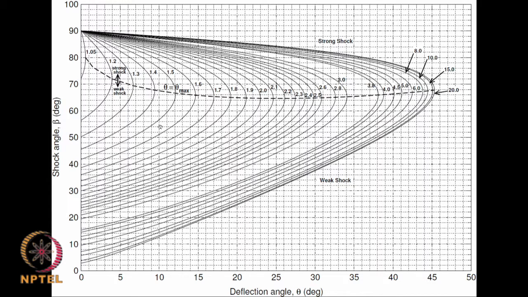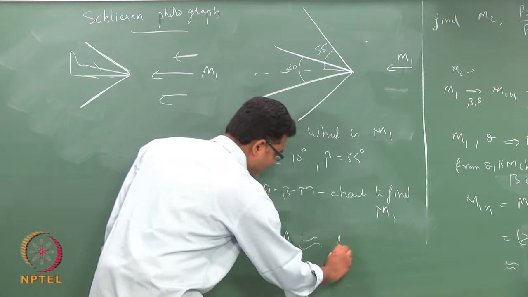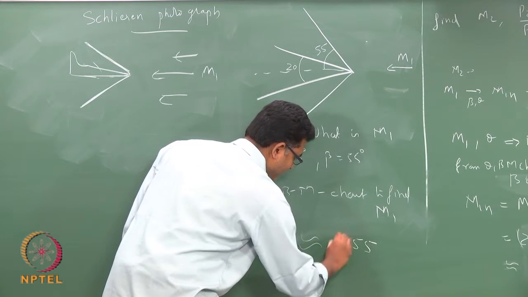So, it crosses somewhere here. So, this is the point where my deflection angle is 10 degrees and shock angle 55. So, this is around a Mach number of 1.51 or 52 or something. Okay. So, approximately from the chart M1 is 1.55.